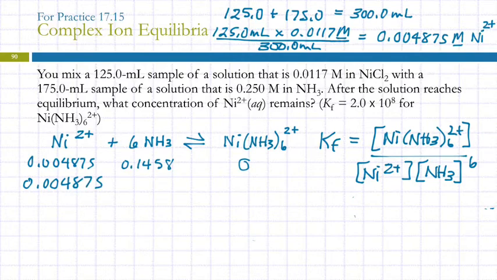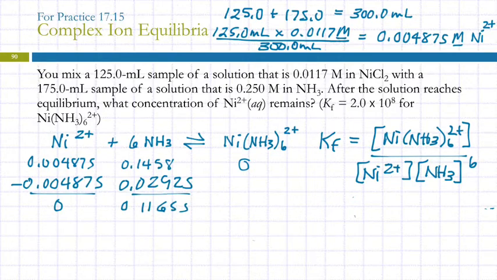And we're going to use up 6 times that. So that's going to go to 0. This one's going to go 0.1458 minus 0.02925, which is 0.11655. And this is going to increase. All of the nickel is going to become this complex ion, 0.004875.